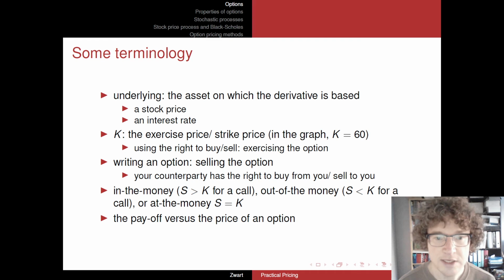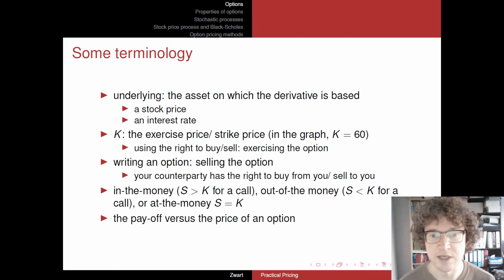Finally, the graphs that I showed depicted the payoffs of the option, so the money that I get when I exercise this option. At the moment when you write this contract and I sell you the option, or you sell me this option, the buyer of this option pays the current value of this option.